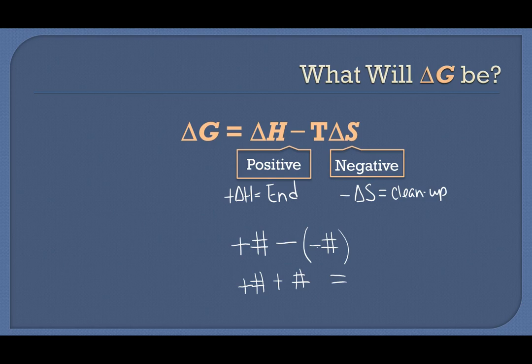There is nothing that you can do to make this anything other than a positive delta G, okay? So it doesn't matter if this is a big number. It doesn't matter if it's a little number. No matter what that temperature value is, G will always result in a positive number. This will always be a scenario where this is a non-spontaneous reaction.